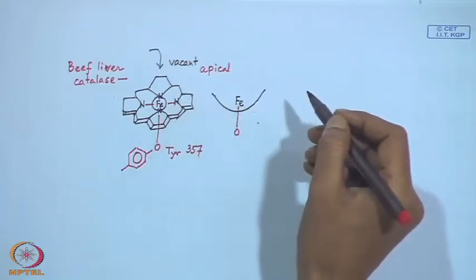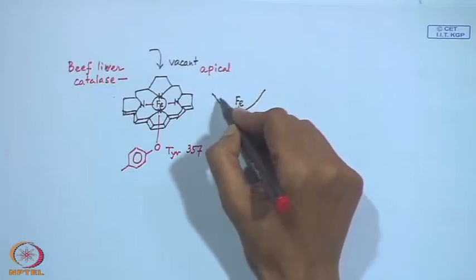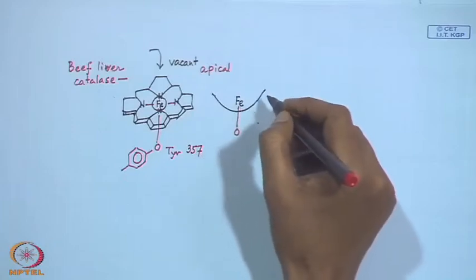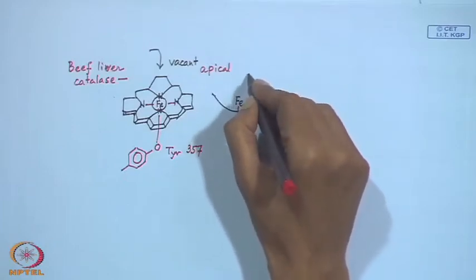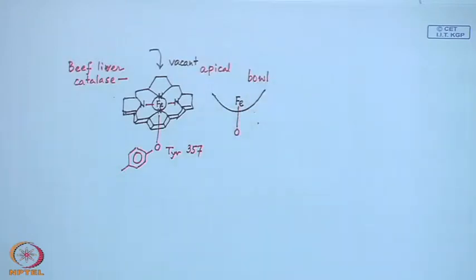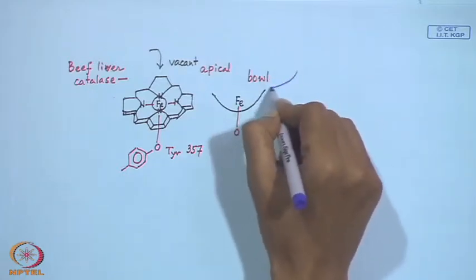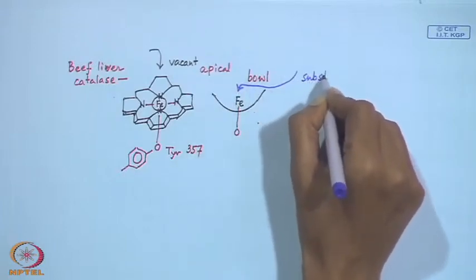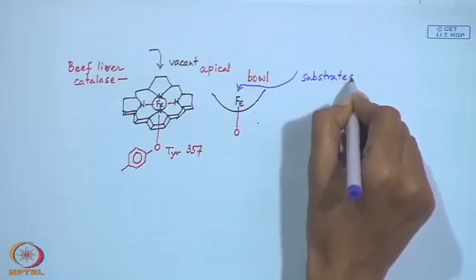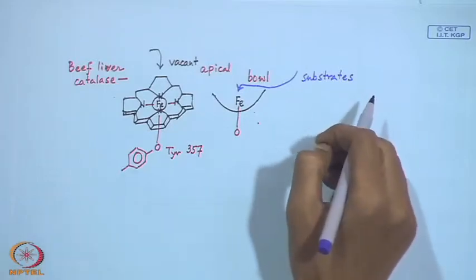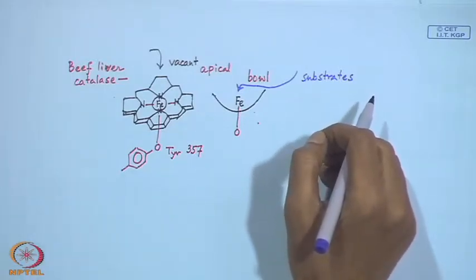So you have this particular arrangement, and the protein environment is also supporting it. This bowl-shaped structure is basically attracting the substrates. Different substrates will come and go inside the bowl, and we see the corresponding reactions.